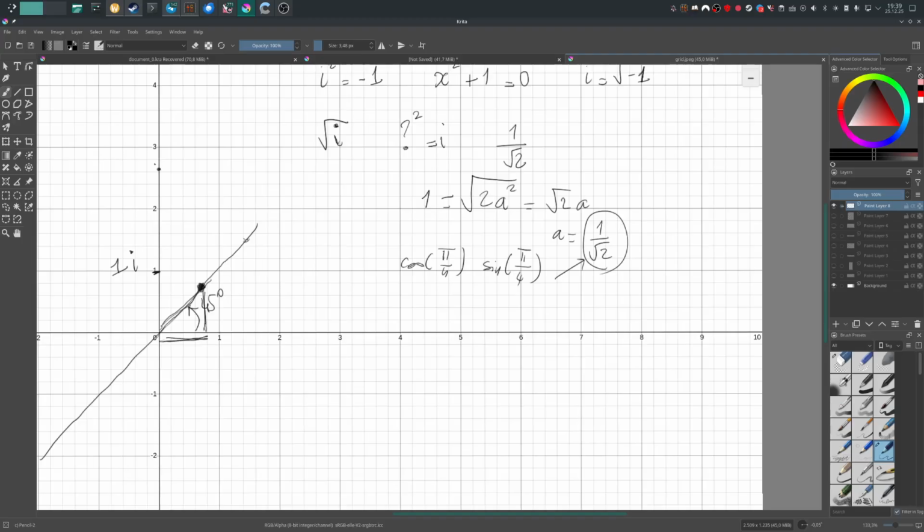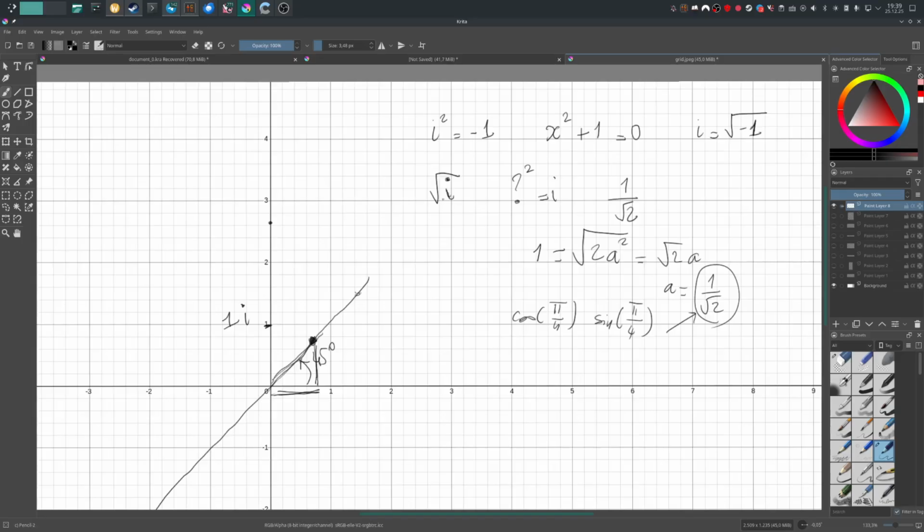Here I went for the precise values just to show you that I'm not fooling you, but basically I didn't need to compute anything there. Just forget about this. I was able to find the point just thinking about rotation and length. I was like, the square root of i? Well, that's the number.